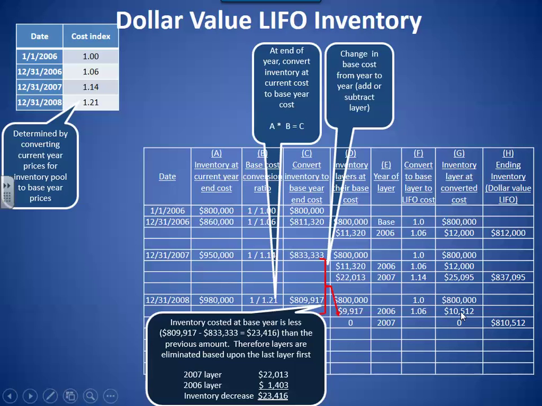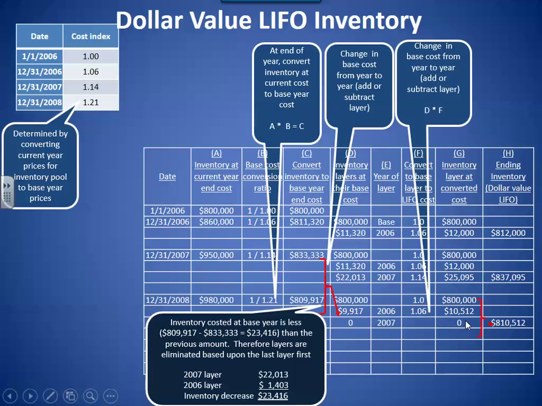So now our inventory layer is $10,512 for 2006. For 2007, the inventory layer is equal to 0. So we add those items together, and in this case, the inventory adds up to $810,512.